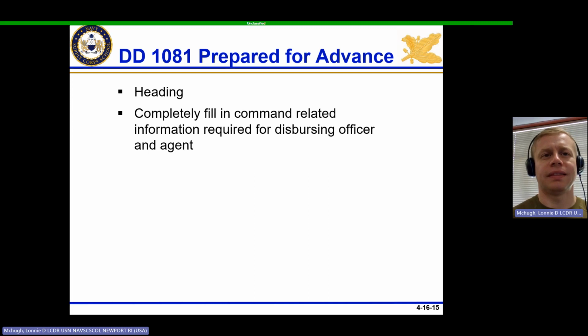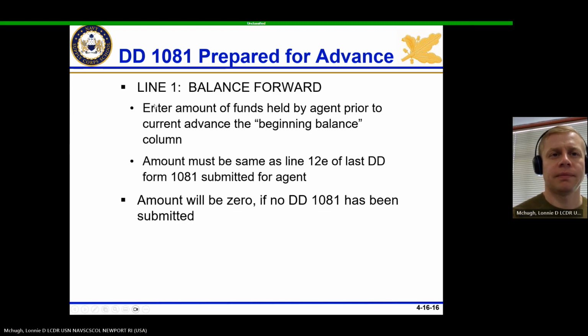All right, so the 1081, just like any other form, has a heading that you need to completely fill in. It'll have the command related information. So your UIC, your dispersing office name, your DSSN, your FPOAP, etc. Here's where it gets a little bit tricky, and we're going to run through these first, and then we're going to look at the 1081 and we can talk about them.